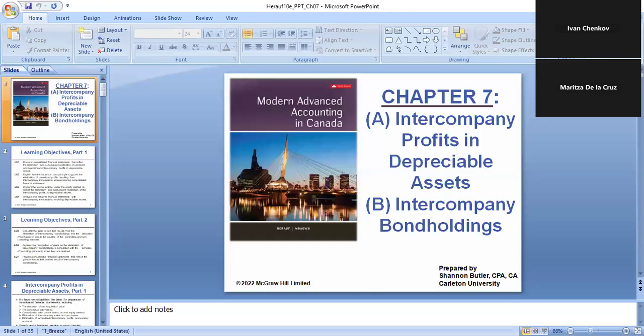That's the only thing that's going to be examinable. I'm not going to examine you on the intercompany profits on the depreciable assets. I'm just going to explain it to you, but again, that's not going to be examinable because at this point you have more than enough things to be examined on.